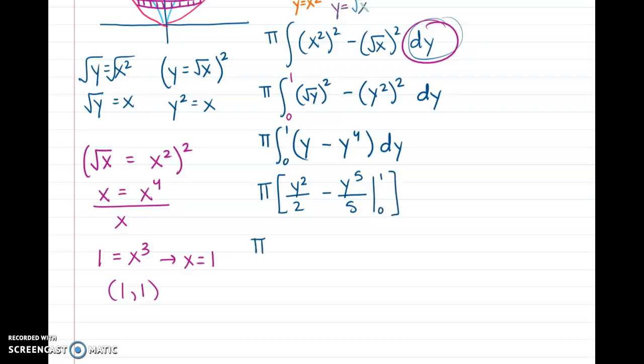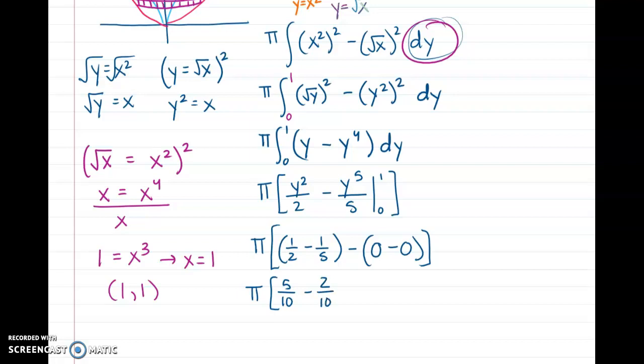So we have pi times 1/2 minus 1/5. If we put 0 into either of those, we're going to get 0 minus 0. So pi, common denominator 10, 5/10 minus 2/10, which is 3/10. So we'll end up with a volume of 3 pi over 10.